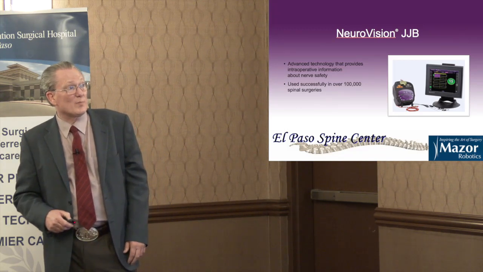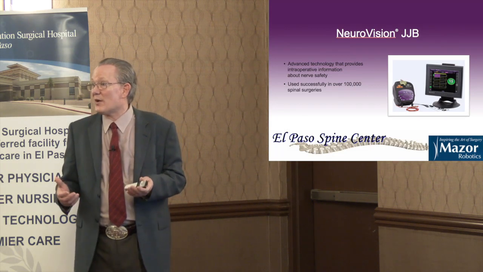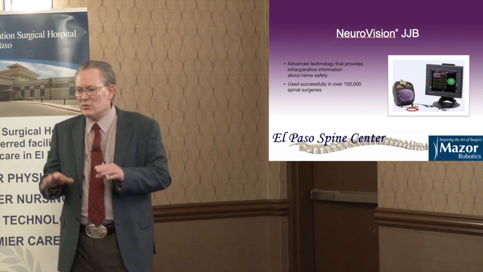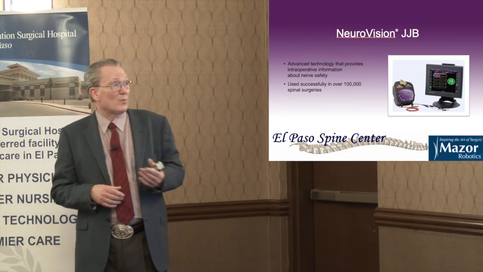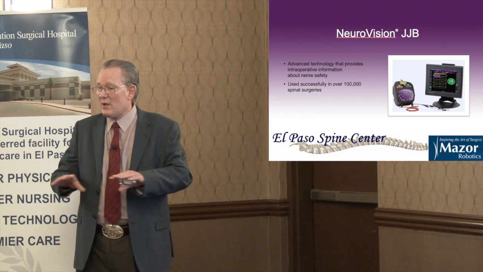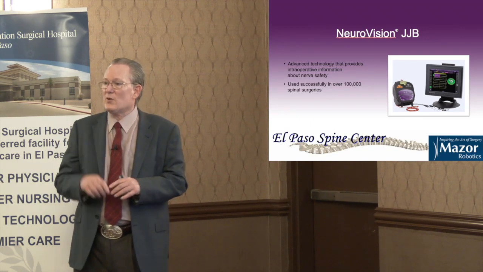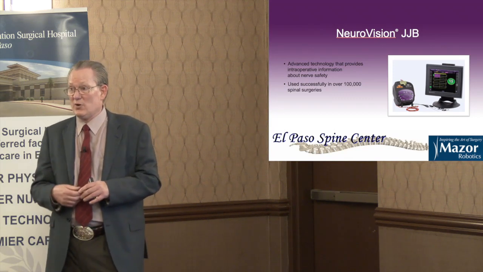One of the things that makes this possible and is also fascinating is the spinal cord monitoring. For the first time ever, we have the ability to see what the nerves are doing in live, real time. And what this does is it actually maps out the nerves. It tells us where we are in relationship to those nerves. It also gives us feedback about the health of those nerves.